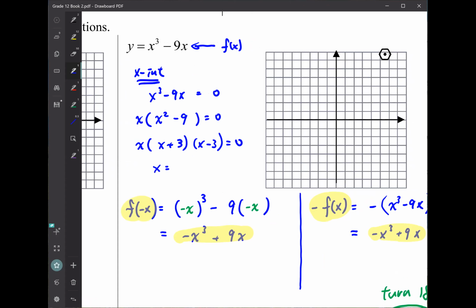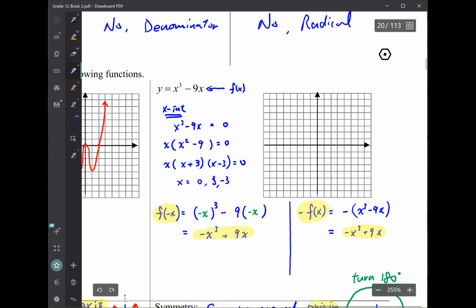Zero, wait, 3, -3, and Yep. Yep, 0, 3, and negative 3. Very good. Okay, so let's follow that. We have 3 points, negative 3, 0, and 3. Okay, so same thing for this one.